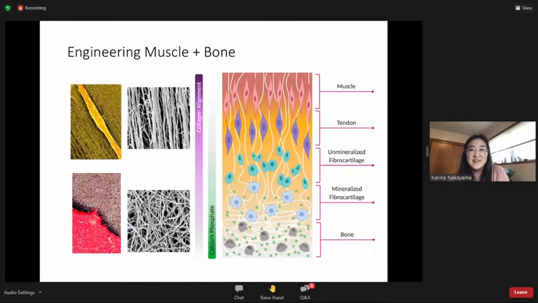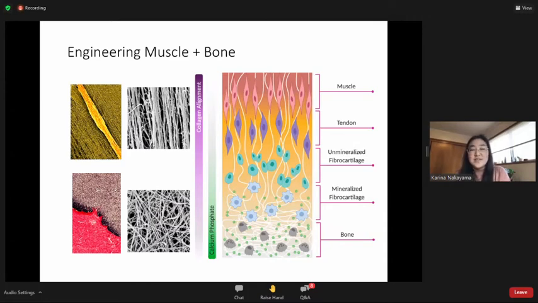And then the last thing we're doing is engineering multiple tissues at the same time. If you have more than one tissue that's injured, which can happen quite often in a traumatic accident, you won't just injure muscle, you might injure both muscle and bone and the vasculature and the nerves that are in there.